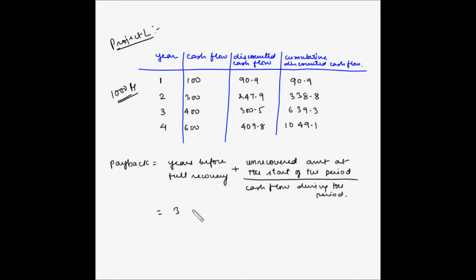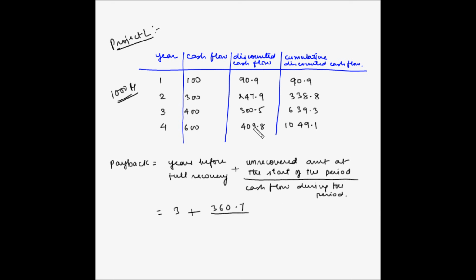So this is 3 plus unrecovered amount at the start of the period. So start of the fourth year, the unrecovered amount is the amount that we have already recovered at the end of the third year, subtracted from the amount that we want to recover. So 1000 minus 639.3, which is 360.7, divided by cash flow during the period.